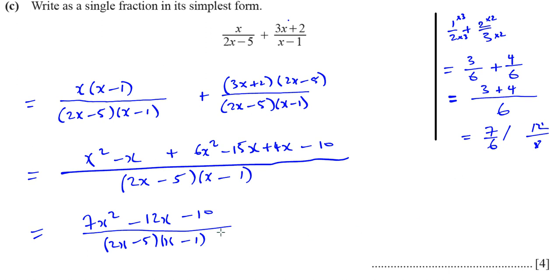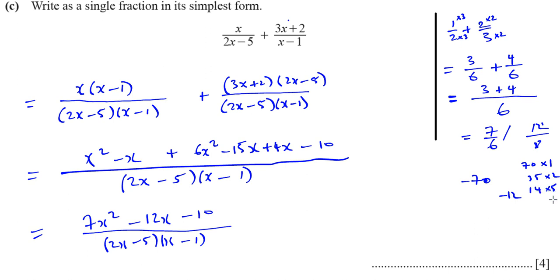Now, for this, I don't think you can factorize. You've got to find two numbers that multiply to give you minus 70, and that add to give you negative 12. So I don't think you can factorize, can you? 70: you've got 70 times 1, 35 times 2, nothing times 3 or 4, what times 5 is 70? 5 times 14?